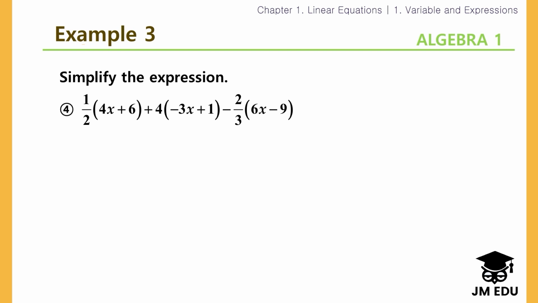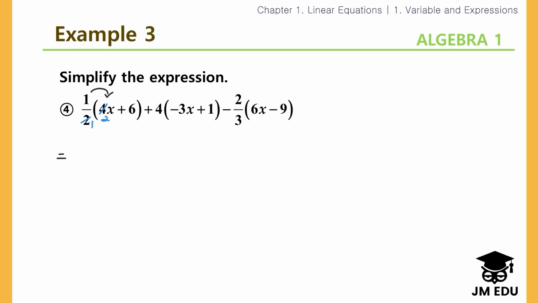Number 4. Number 4 looks kind of complicated, right? But we can do this step by step. Here, number 4, let's eliminate the parentheses first. So number 4 is equal to 1/2 times 4x. 2 times 1, 2 times 2.